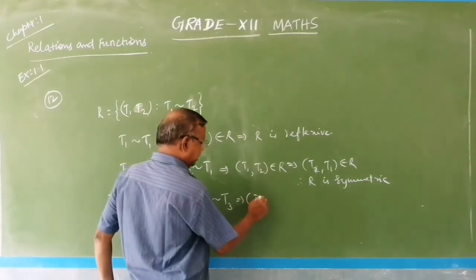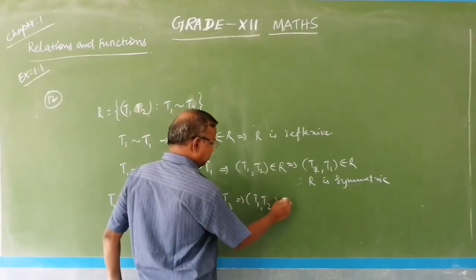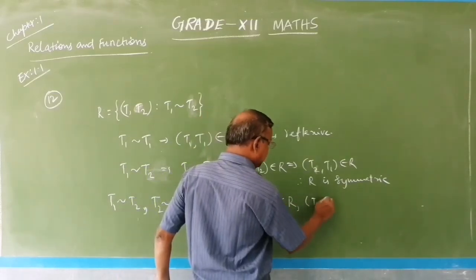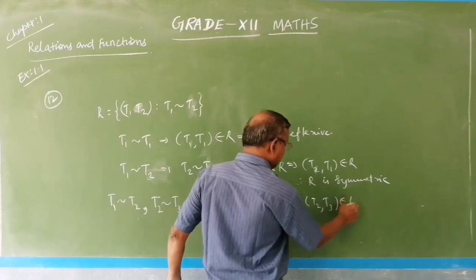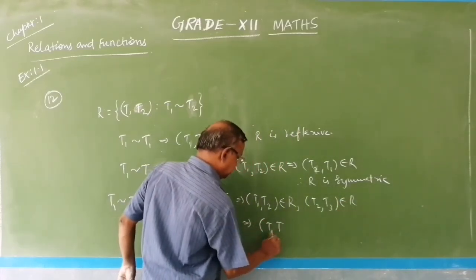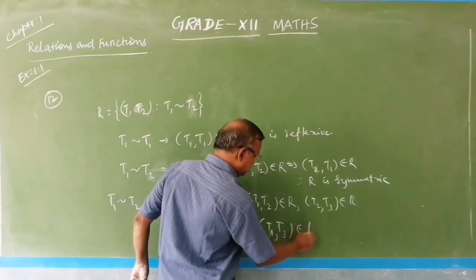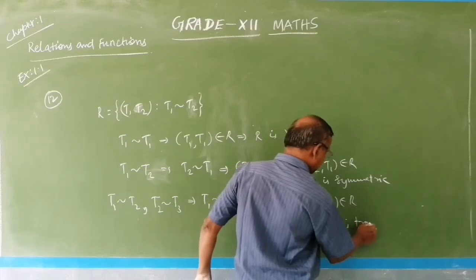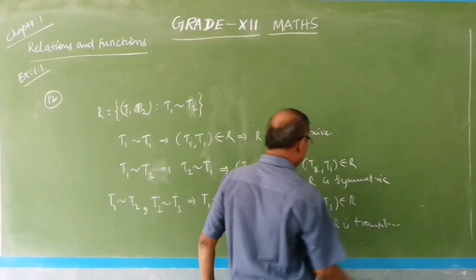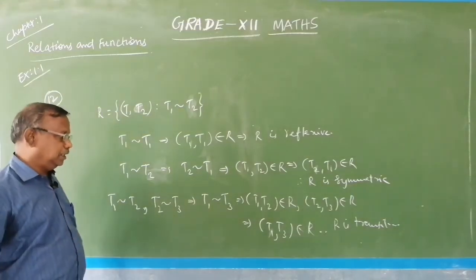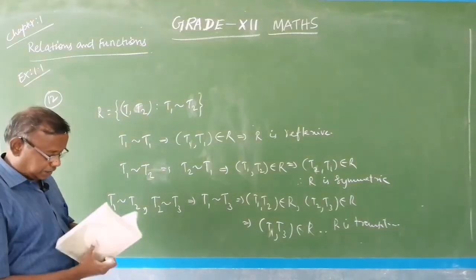Therefore, (T1, T2) belongs to R, further (T2, T3) belongs to R, which implies (T1, T3) belongs to R. Therefore, R is transitive. Hence, the relation R in the set of all triangles is an equivalence relation.